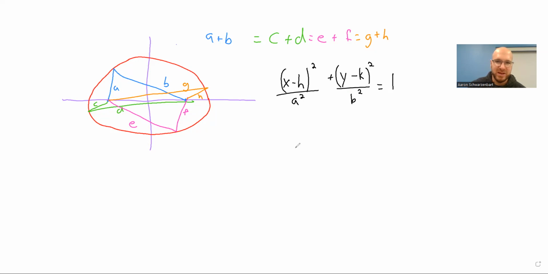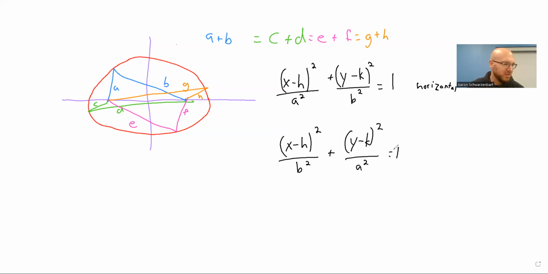That equals 1. A is always the larger of the two, so this is a horizontal. A is always larger than B for an ellipse. This is going to be vertical. Again, the only thing that's changing is which one is A and B. And it doesn't really matter when you're looking at it, but it matters for some of the equations that we're going to do with this.